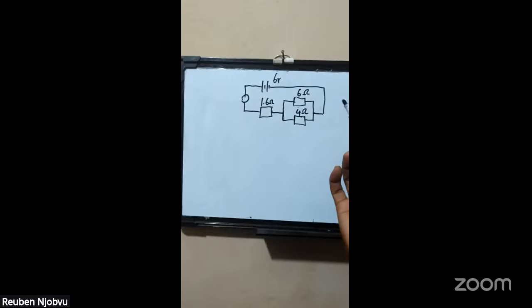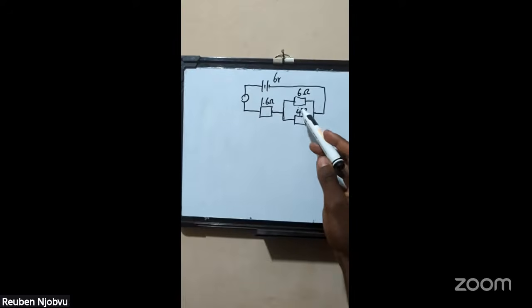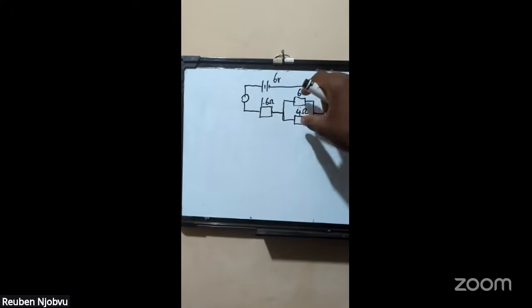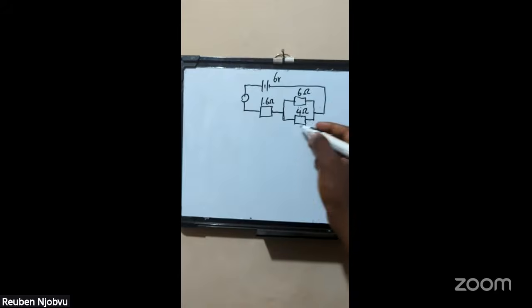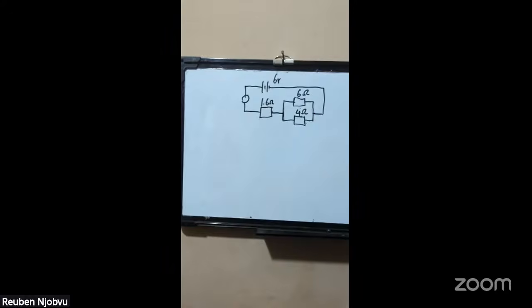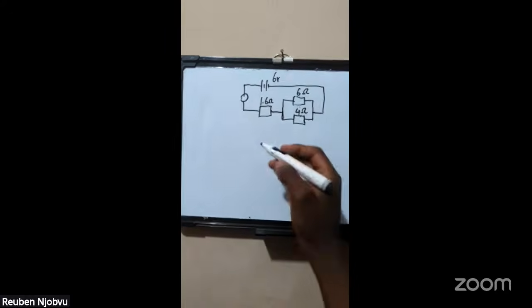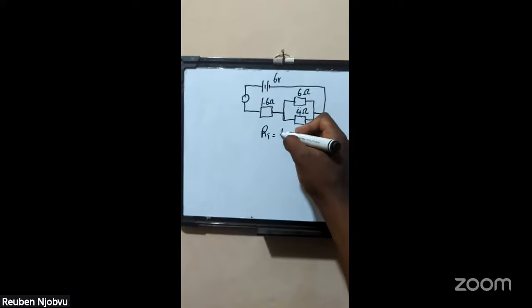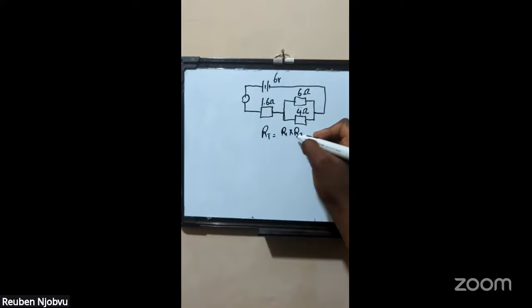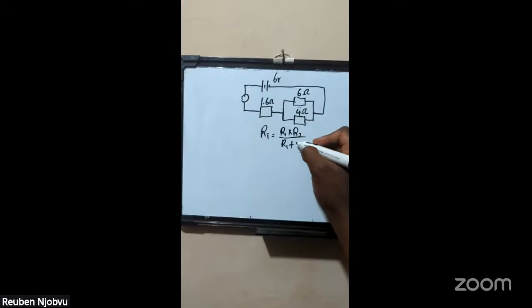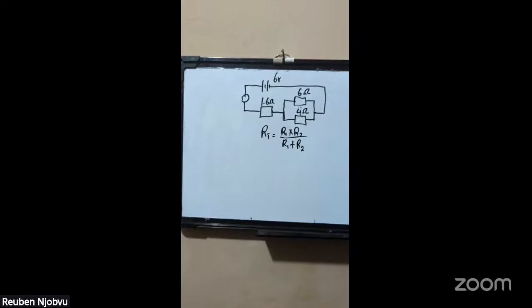So how do you find the resistance in parallel? The formula is resistance 1 times resistance 2, then over resistance 1 plus resistance 2.